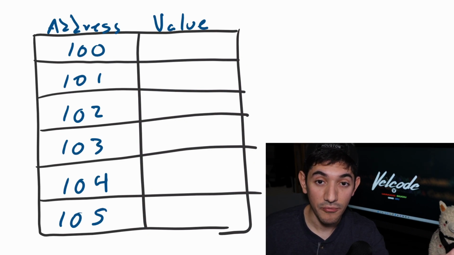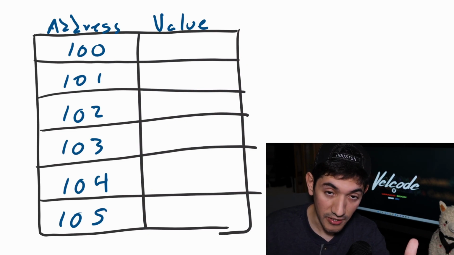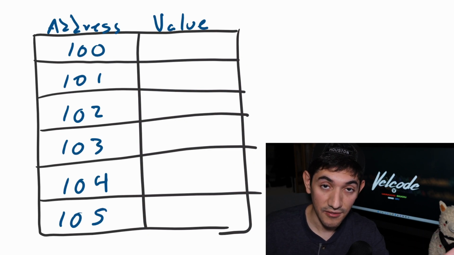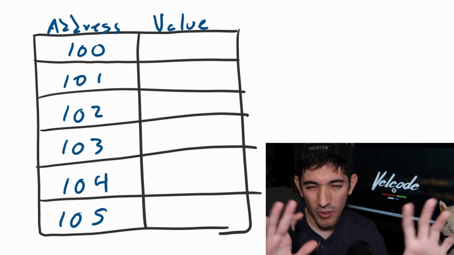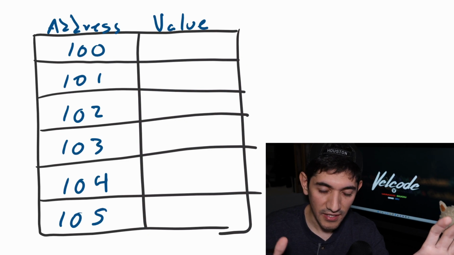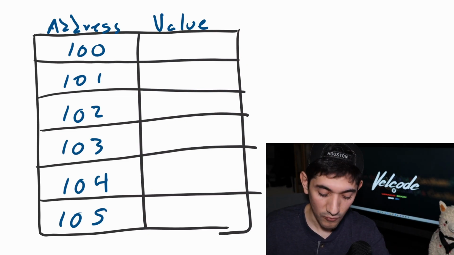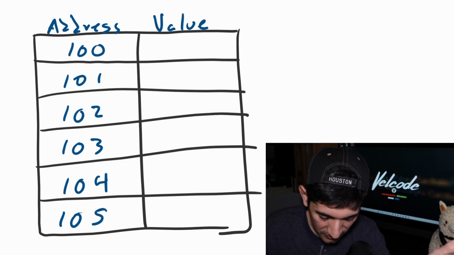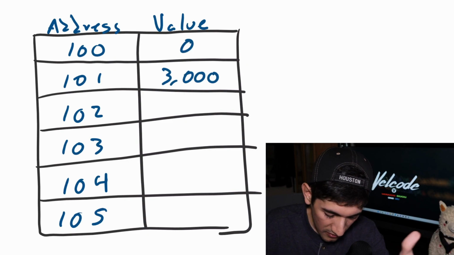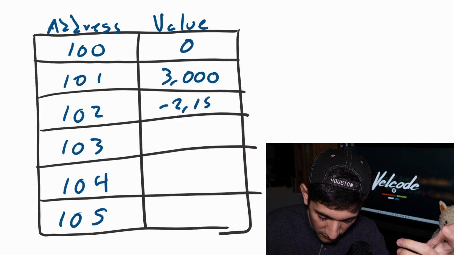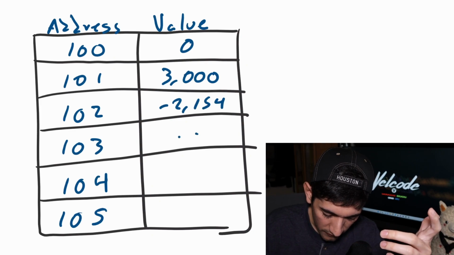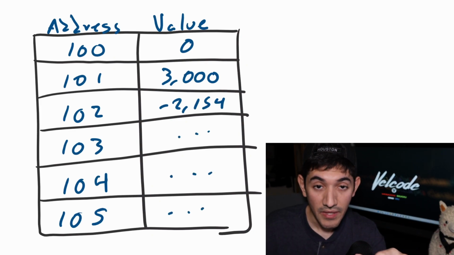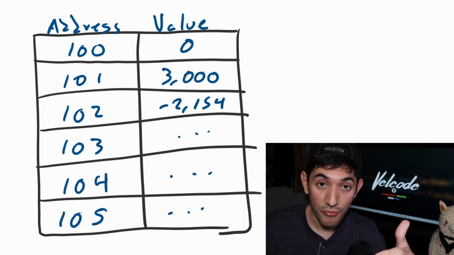If you have a 64-bit system, then the highest value that you can put here is going to be a 64-bit value, right? So for now, we won't care about that. The only thing you need to understand is that the value goes in one of these squares. So let's just pick some values. Let's say this has the value 0, this has the value 3,000, this has the value negative 2,154, and so on, right? We don't have to go into specifics. But the point here is that this is how memory looks.